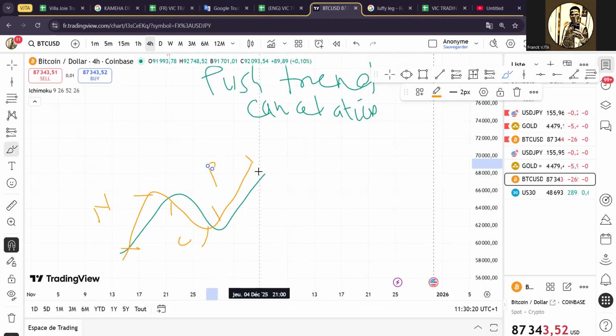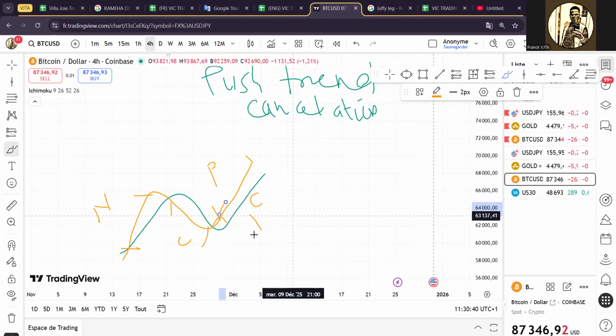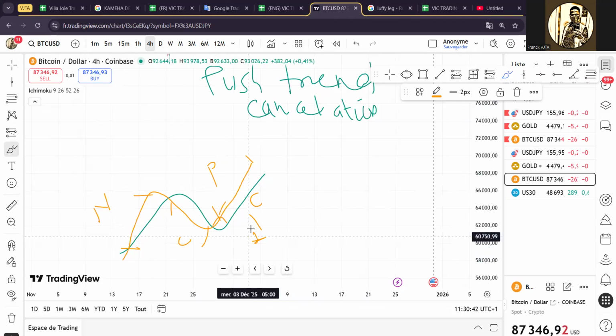So if the push trend happens, but it bends down to the downside like this, start paying attention that this push trend will not work. It will not go further to the upside. That's one scenario: just bending down.